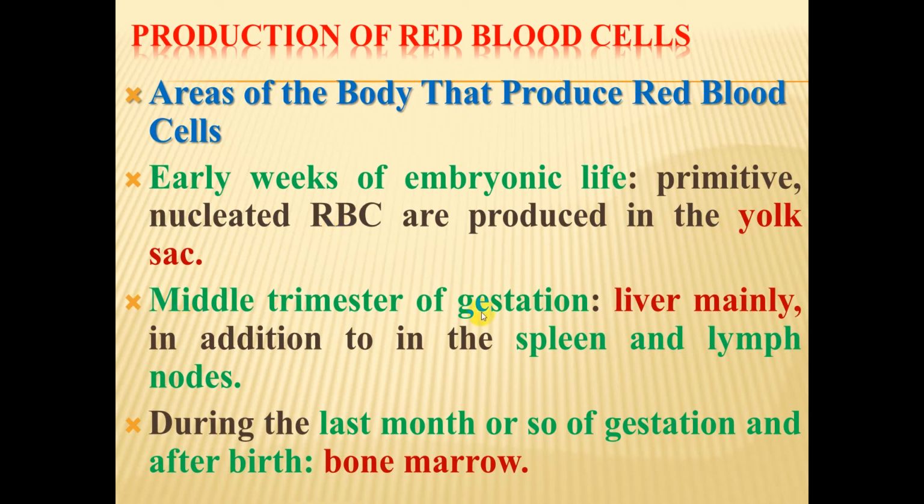In the middle trimester of gestation راح ينتقل production to the liver mainly, with assistance of spleen and lymph nodes to a lesser extent. And during last month of gestation or after birth, the main organ that produces RBC هو البون marrow.